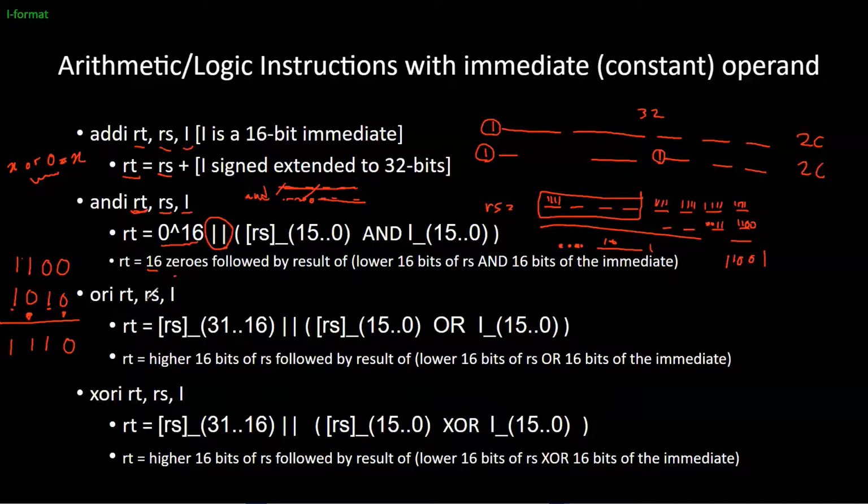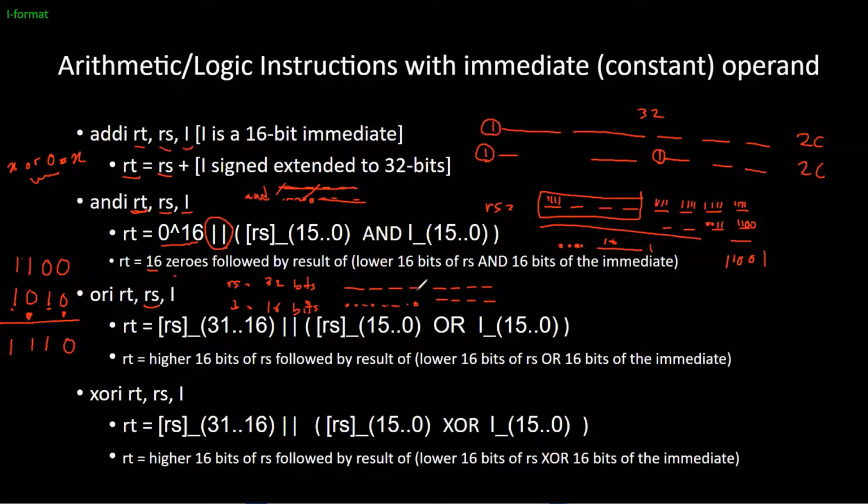So here we are doing an OR between this number, RS, which is a 32-bit number, and I, which is 16 bits. If each line is 4 bits, this 16 bits is going to be here. And how it works, it basically assumes these are all zeros for the second one.